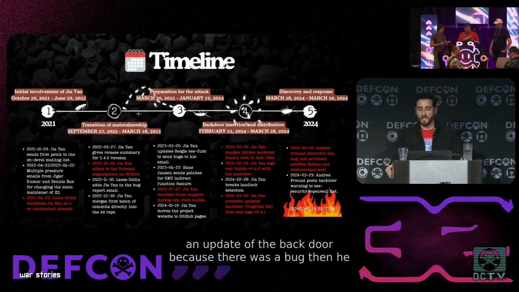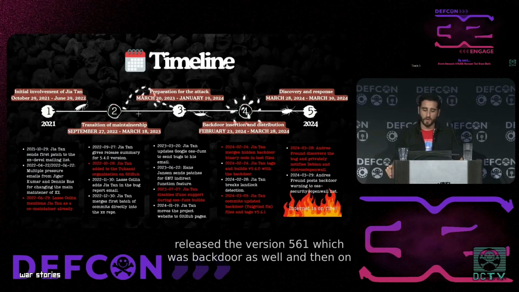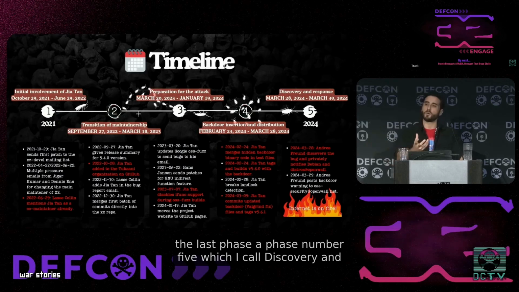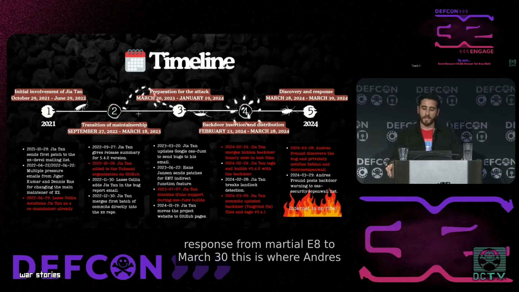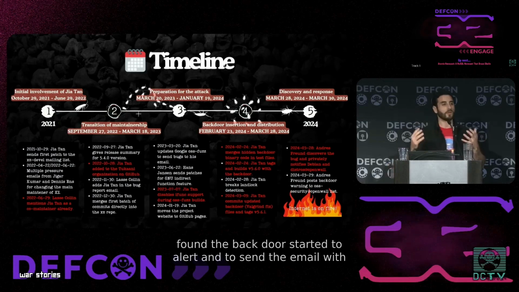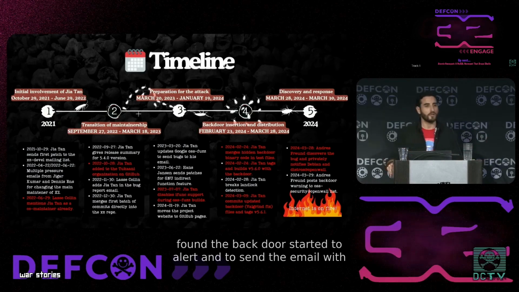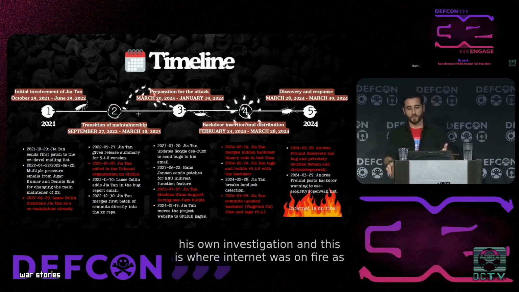And then he released version 5.6.0 with an additional file that was not present in the GitHub repository itself. On March 9, Jia Tan committed an update of the backdoor because there was a bug, and then he released version 5.6.1, which was backdoored as well.